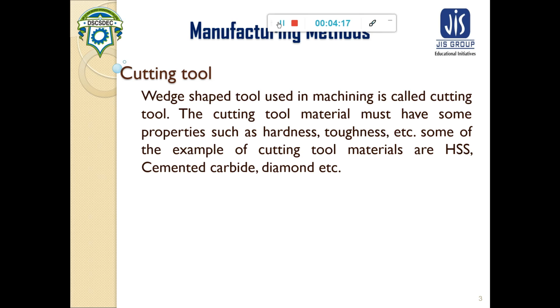The cutting tool material properties are hardness, toughness, etc. And some examples of cutting tool materials are cemented carbide, diamond, high carbon steel, high speed steel, etc. These are the names of some cutting tool materials.